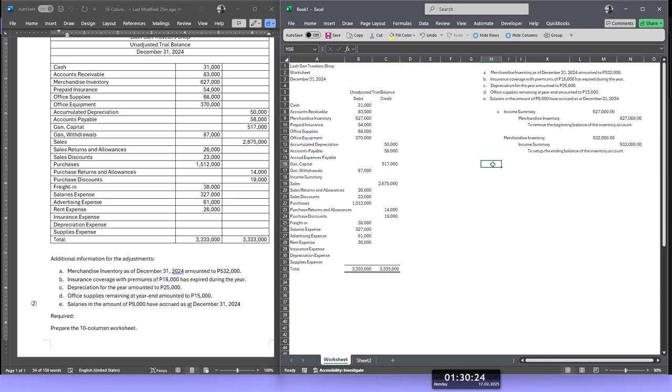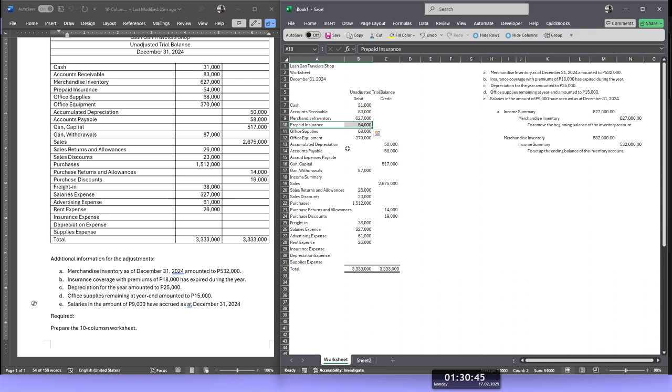Insurance coverage with premium of 18,000 has expired during the year. So 18,000 has expired, means that this 18,000 is the expense portion from the prepaid insurance of 54,000.